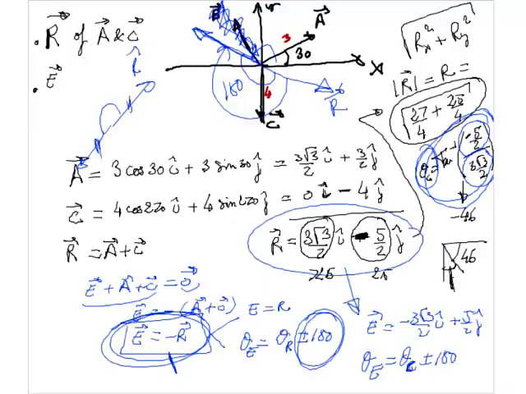Cool. So let's do one more, where this time I'm going to use the second method. Let's imagine I have those two vectors. I'm given A at 30 degrees and B at 60 degrees.